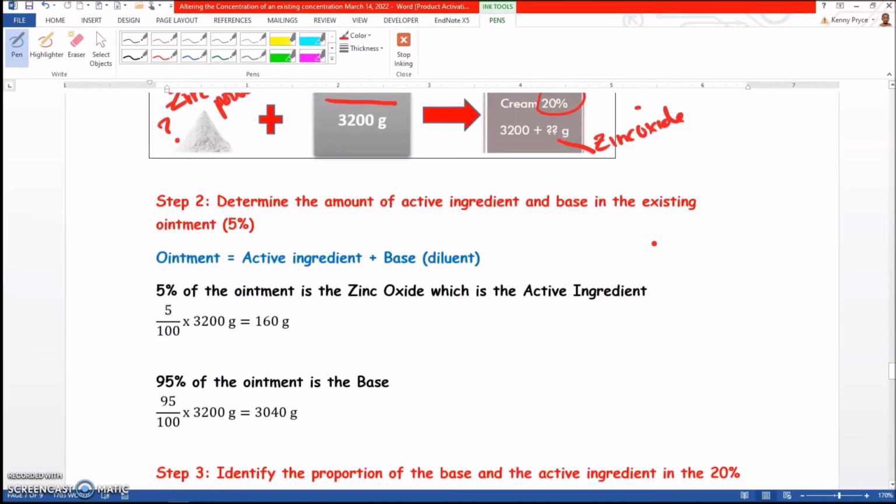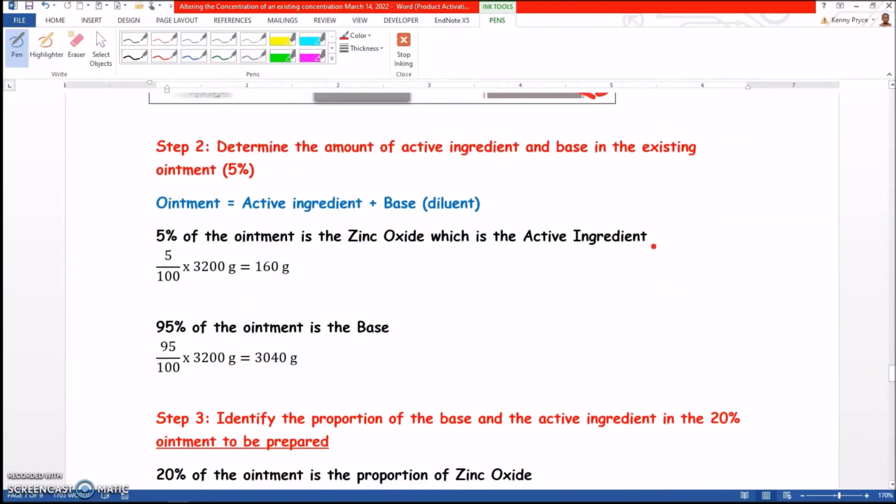So let's look at step 2. We need to determine the amount of active ingredient and base in the existing ointment. That's the 5% ointment. Now, if you know an ointment, normally you find them in tubes. It's going to contain base, and it's going to contain the active pharmaceutical ingredient.